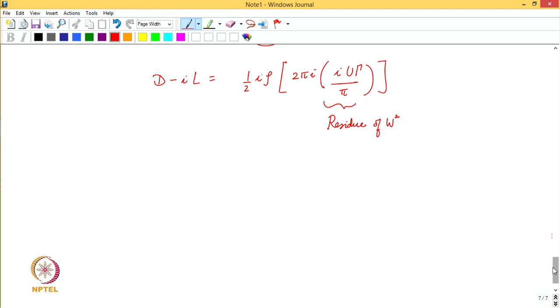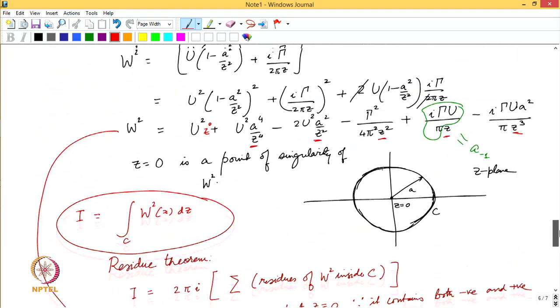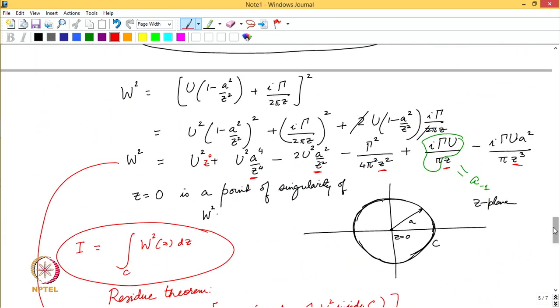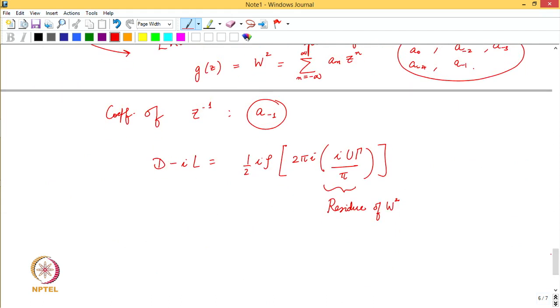So, we have 2 pi i times i u gamma by pi, which we put up here. Now, we can simplify this. The 2 cancels here, there is a pi which cancels, and an iota will give you minus 1. So, we will get minus i rho u gamma as d minus i L.